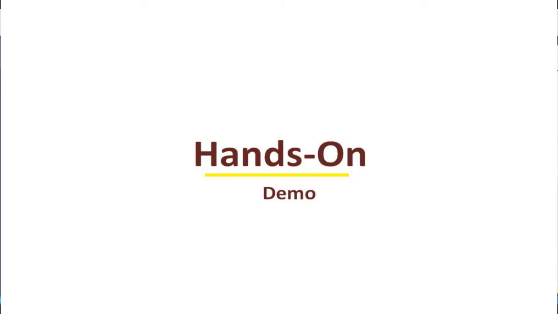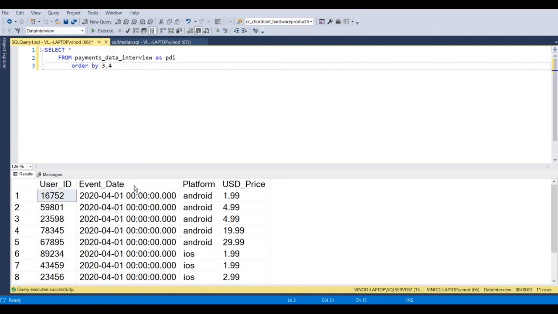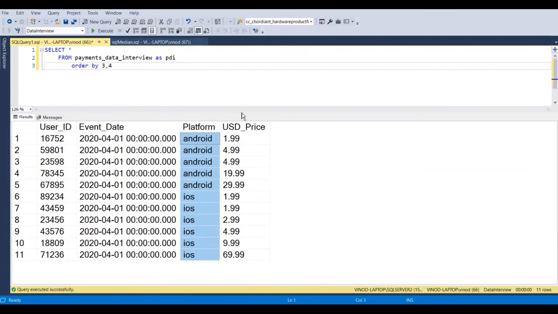So now let's move to the SQL part. Here you can see that we have one table in which we have different details. Mainly what we have to focus on here are these two columns, platform and USD price. So we have Android and iOS in the first column and USD price as the second column.